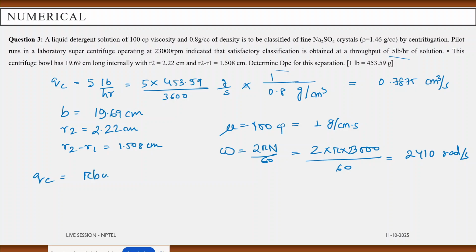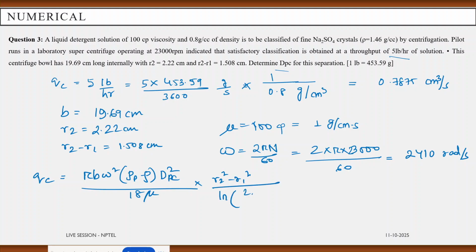Has the equation, this is dpc by 18 mu, R1 square, ln of 2R2 by R1 plus R2.